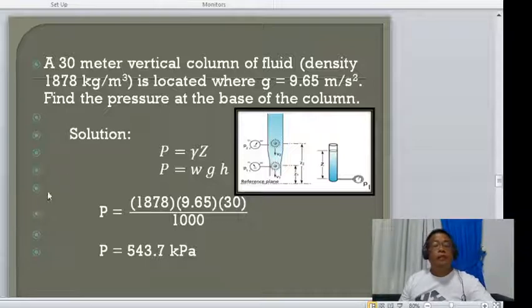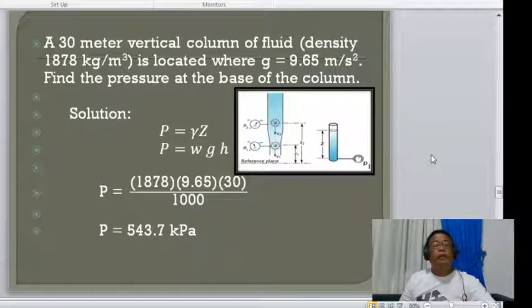By direct substitution, pressure equals 1,878 kilogram per cubic meter multiplied by 9.65 meter per second squared multiplied by the change in elevation, 30 meters, divided by 1,000 to make it kilopascal. So the pressure at the base of the column is 543.7 kilopascal.